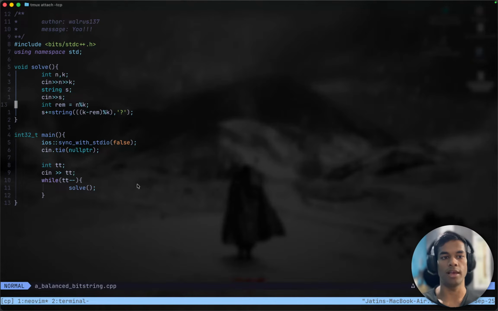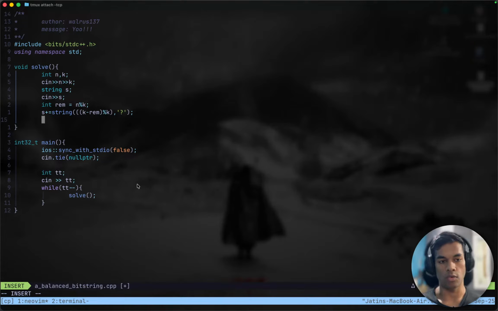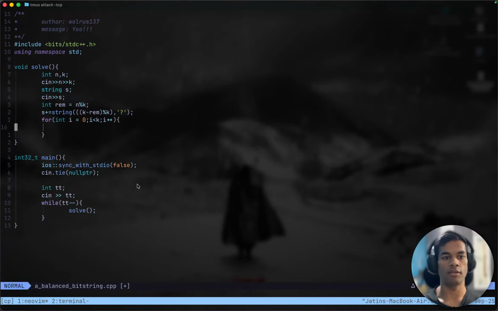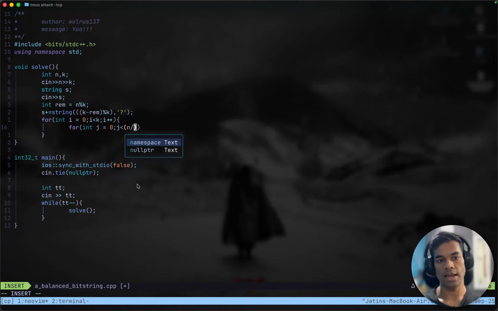And now for int i equals 0, i less than k, i plus plus. I is the index of the character in each individual chunk. And now for int j equals 0, j less than n divided by k. Now n is not completely divisible by k.